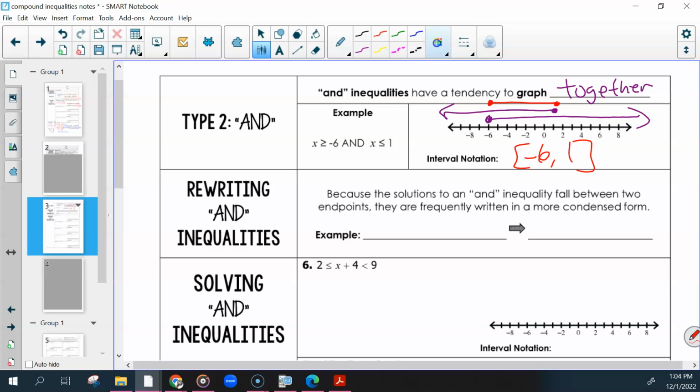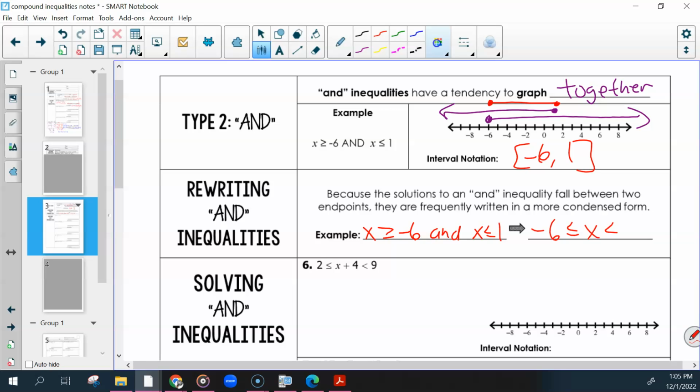Then the other thing with and inequalities is because they usually fall between 2 endpoints, they're written in a more condensed form. So we would take these 2 inequalities, I'm just taking the ones from above, and write them as, start with the lowest number, negative 6. You're always going to have less than or less than or equal symbols, depending on what's given.